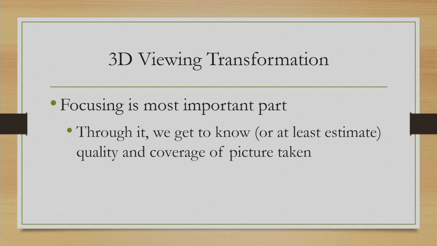Now, among them, the most important thing is focusing. With focusing we get to know, or at least we can estimate, the quality and the coverage of the picture that we are taking. So, focusing constitutes the most important component of the overall process of capturing a photo.